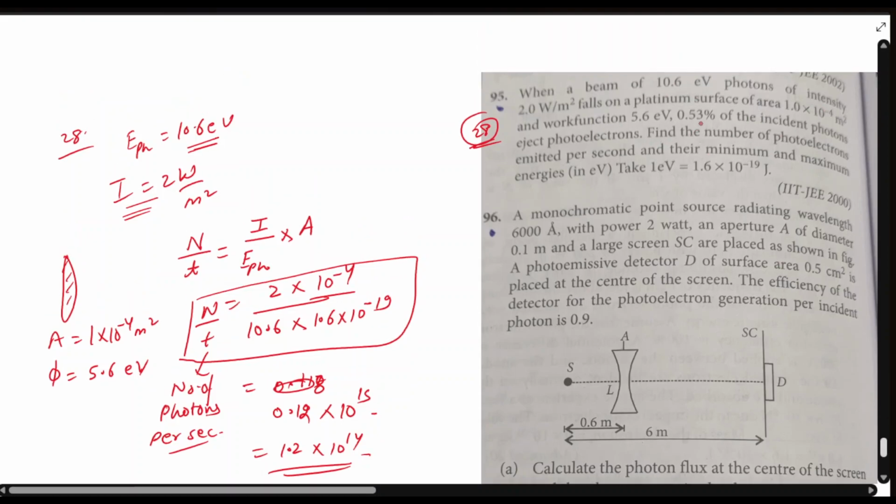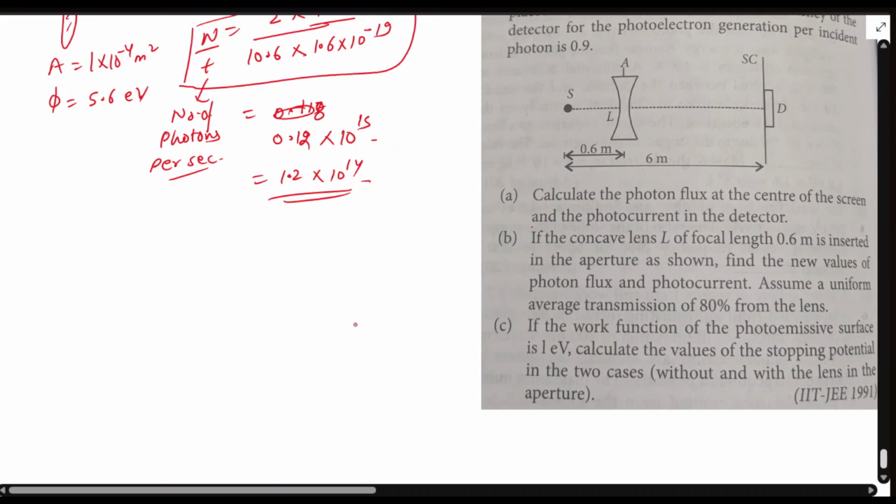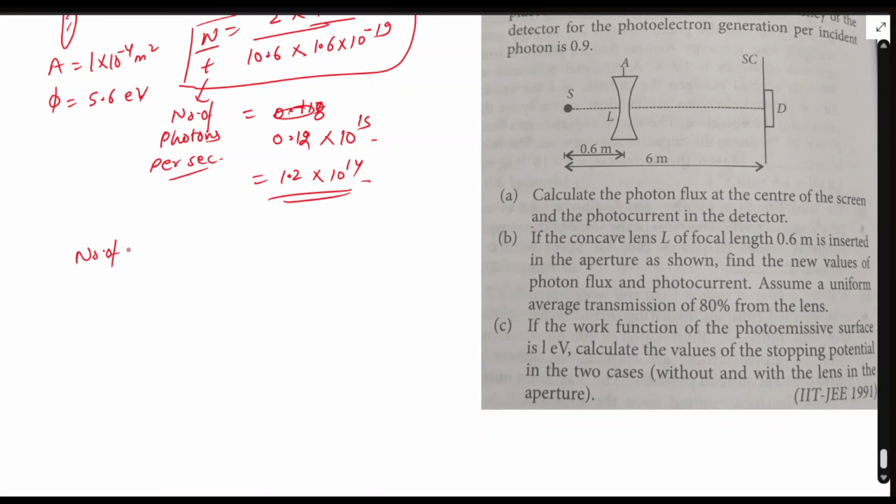Okay, so from that, only 0.53% give photoelectrons. So let's find the number of electrons emitted per second from the surface. It will be 0.53% of this.